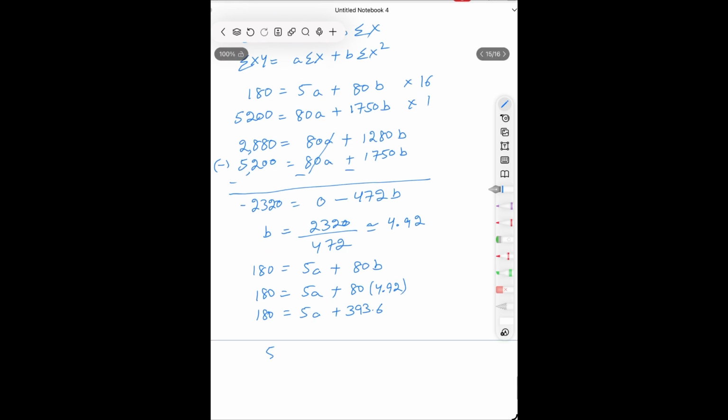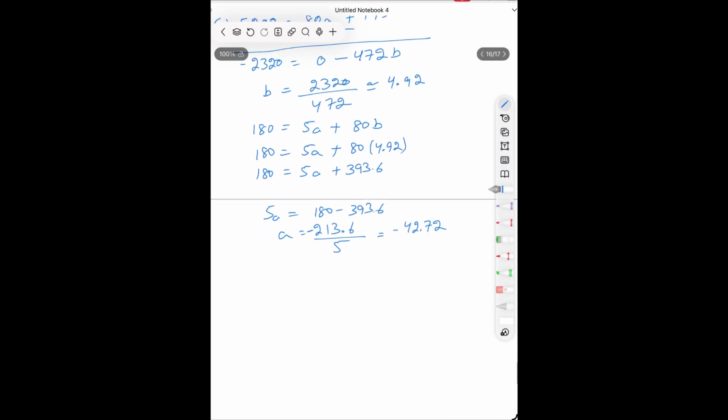So 5a is equal to 180 minus 393.60, so this will be minus 213.6 upon 5 is equal to a. So the value of a will be minus 42.72.